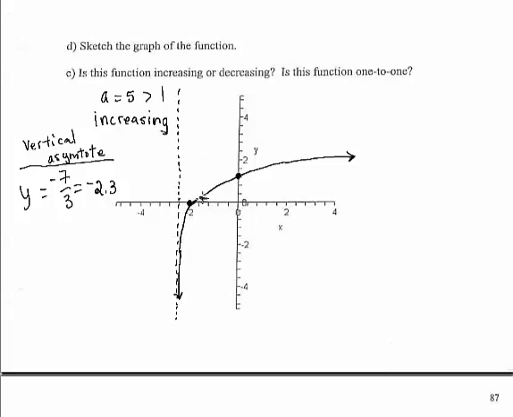So once you find the x and y intercepts and the vertical asymptote, it's pretty easy to sketch the graph of the function. And again, this is f of x equals log base 5 of 3x plus 7. And so that completes section 3.3.